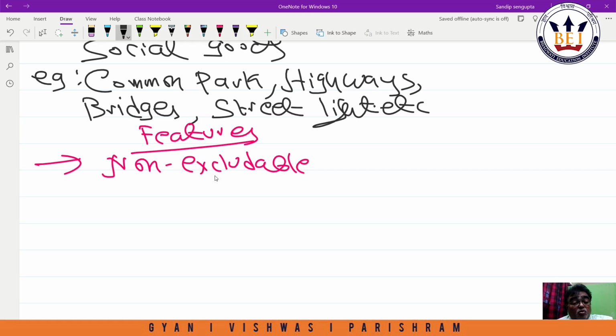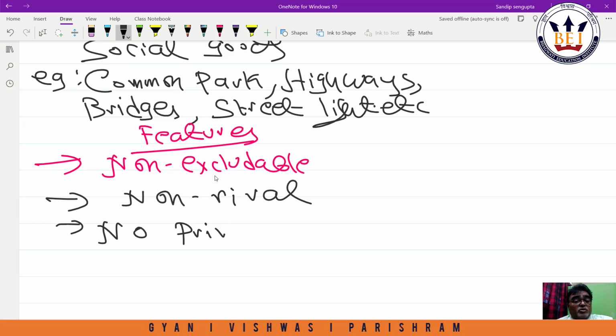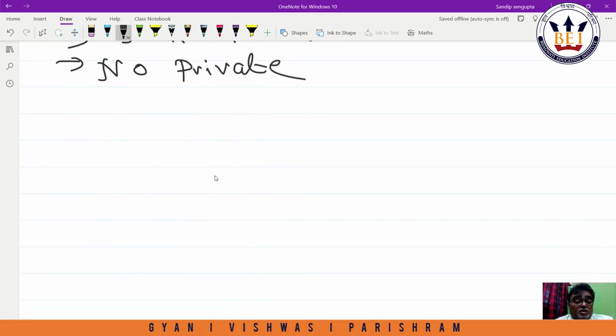It's non-excludable. Second point is non-rival. For private goods, consumption is rival, but for public goods, consumption is non-rival. No private property right.